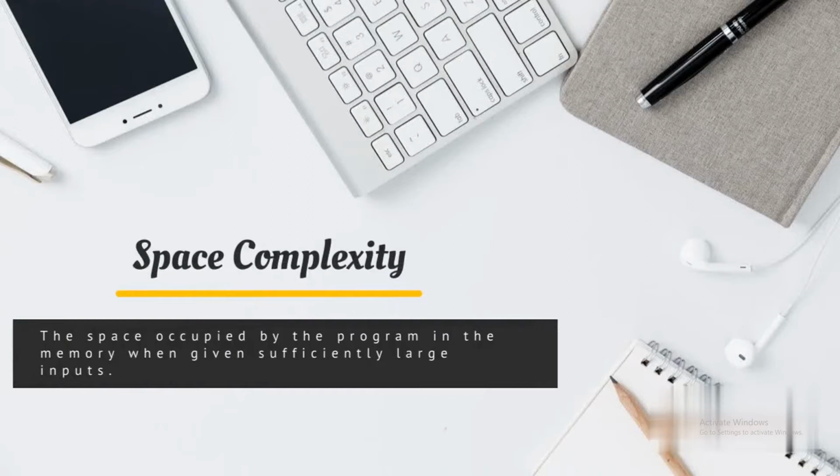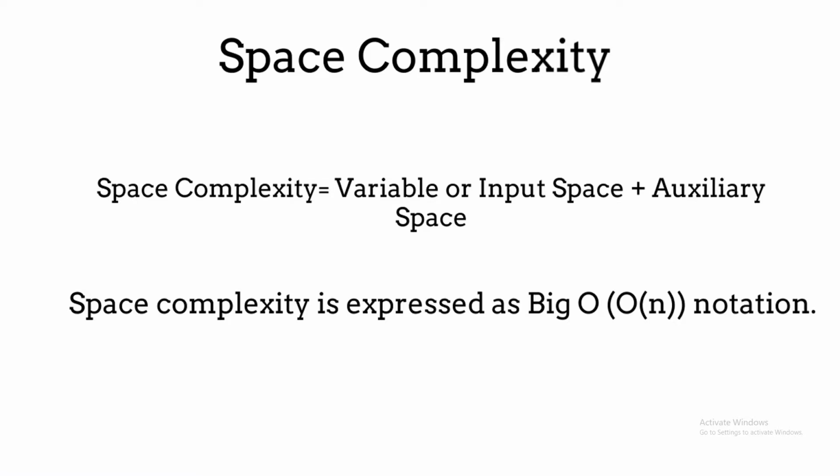More precisely, space complexity also depends upon the input n, or the number of inputs that you give to a particular code. Moving further, what is the formula for space complexity?